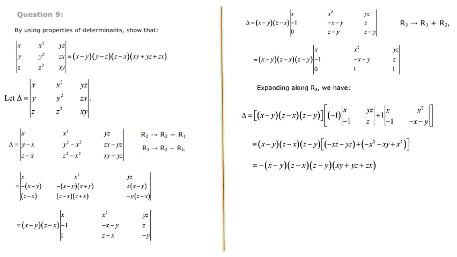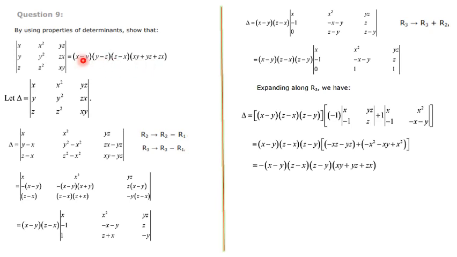Here minus x square plus x square is cancelled, the balance is x minus y is there, z minus x is there, z minus y is there, and from this xz, yz, then minus xy, from these three we are taking one minus outside. Once again, this minus xz minus yz minus xy, these are the balance terms. From these three I am taking one minus outside. Now inside becomes xy plus yz plus zx, I have written in order.